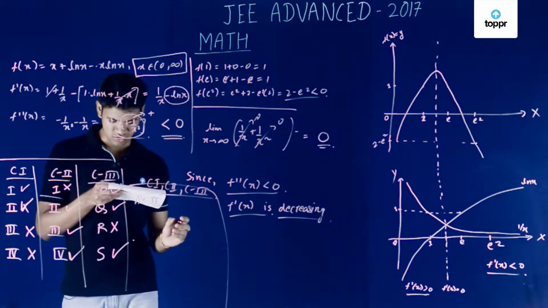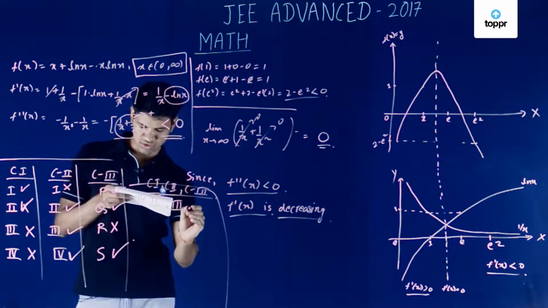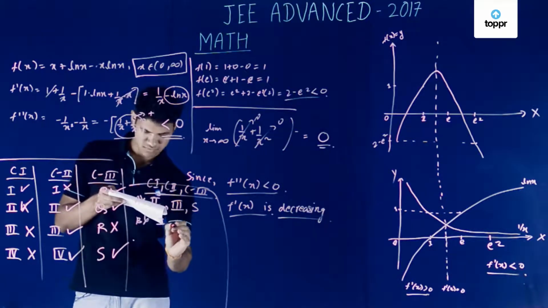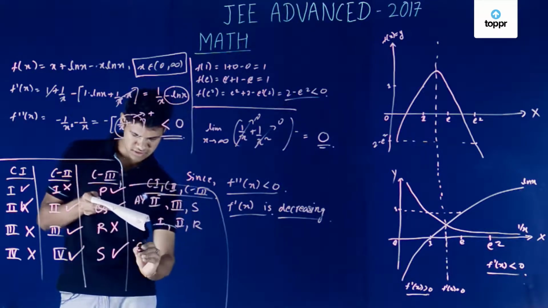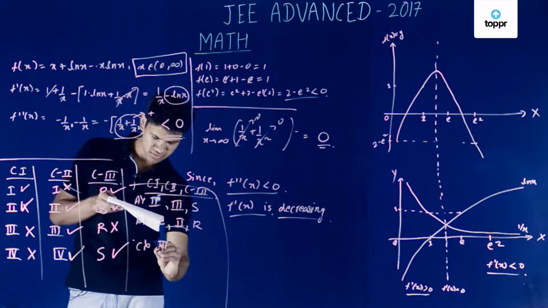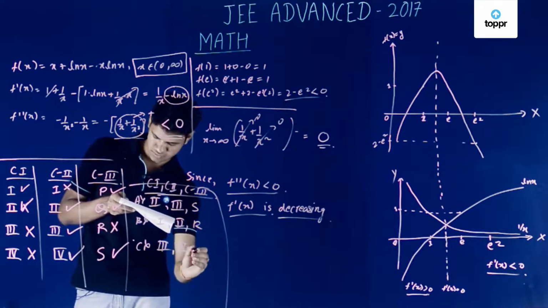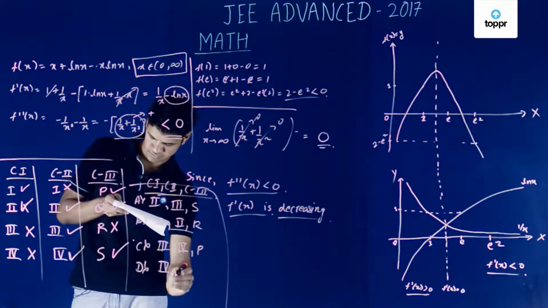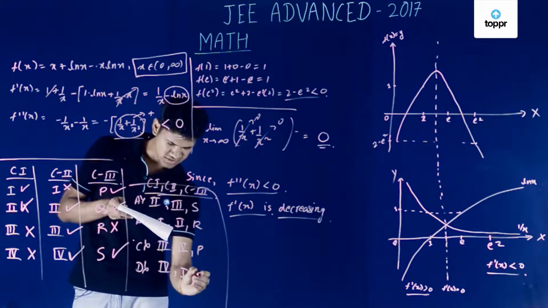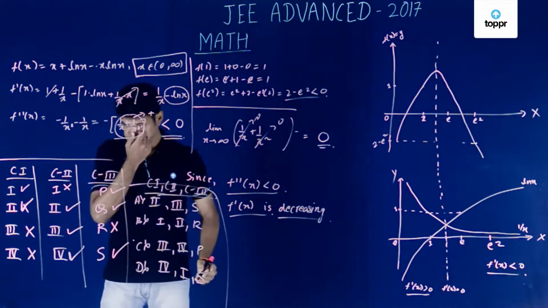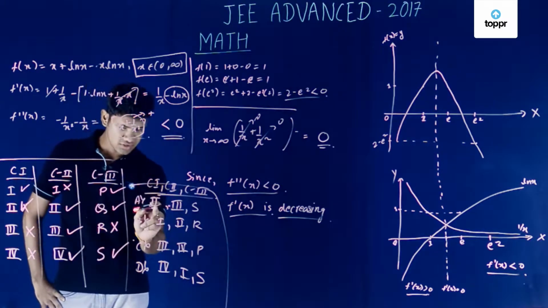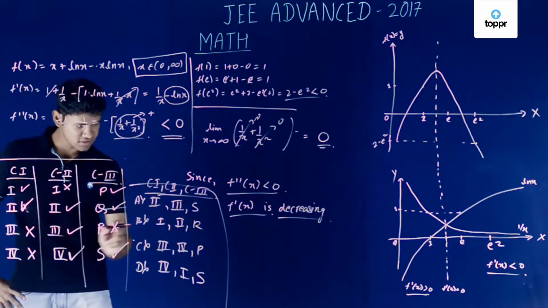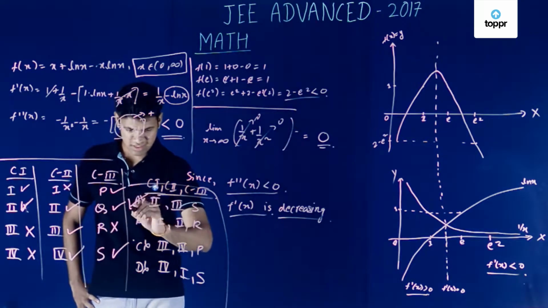Option A's combination is 2, 3, S. B, 1, 2, R. C, 3, 4, P. D, 4, 1, S. Now, okay, so the first option says 2, 3, S. 2 is correct, 3 is correct, S is correct. So A's combination is correct.